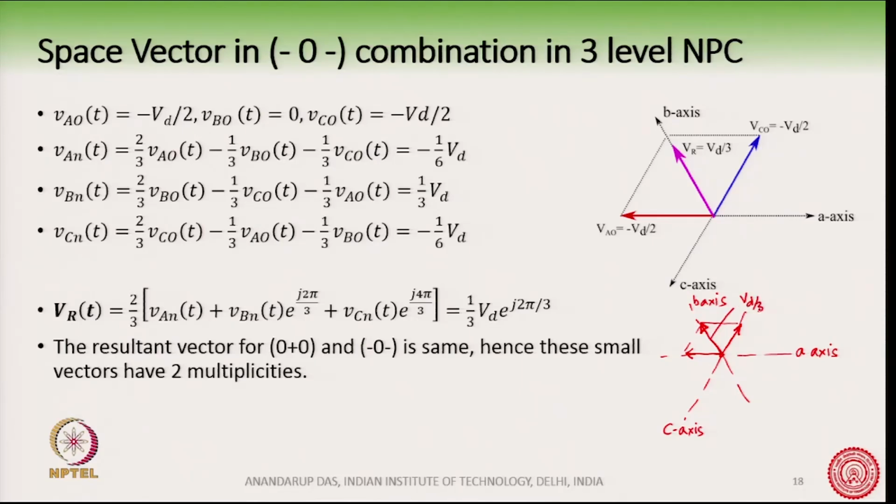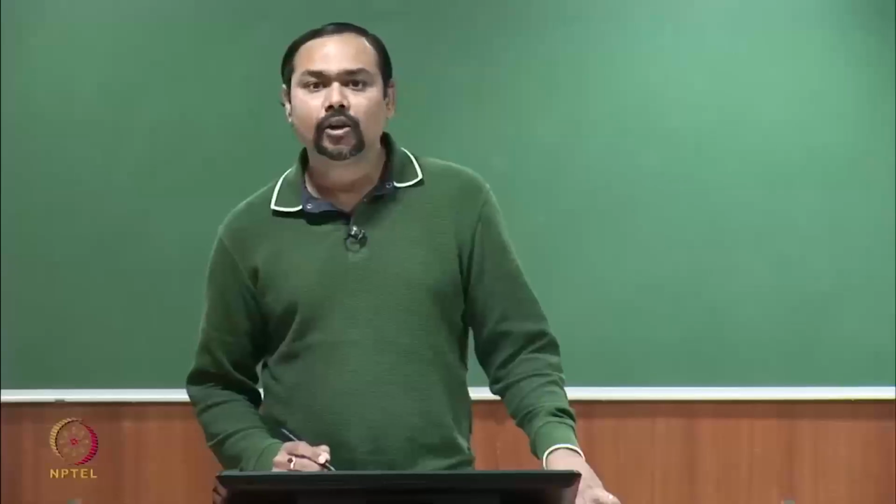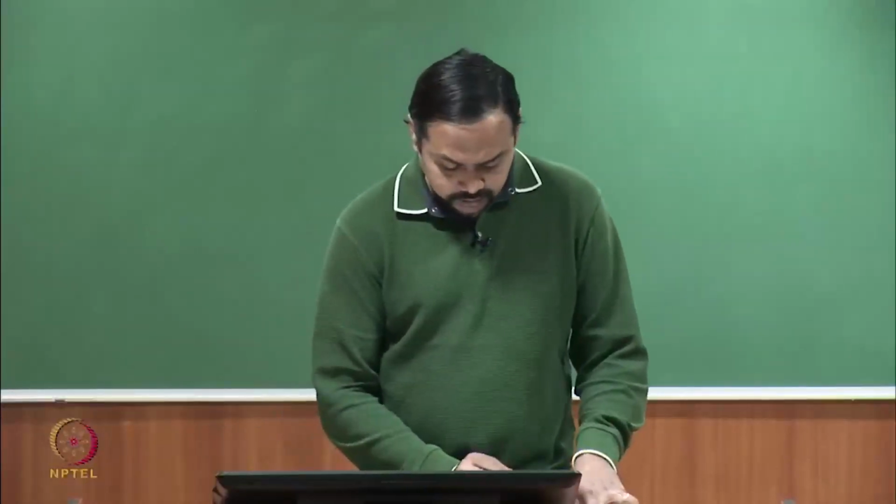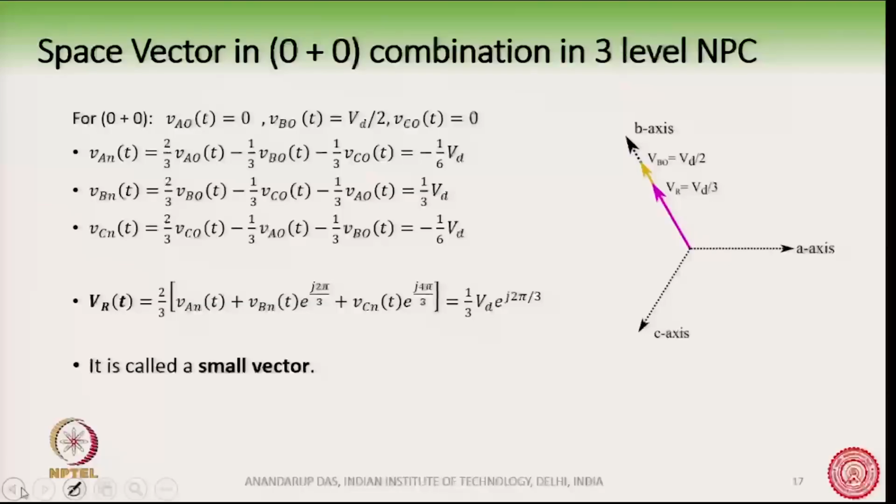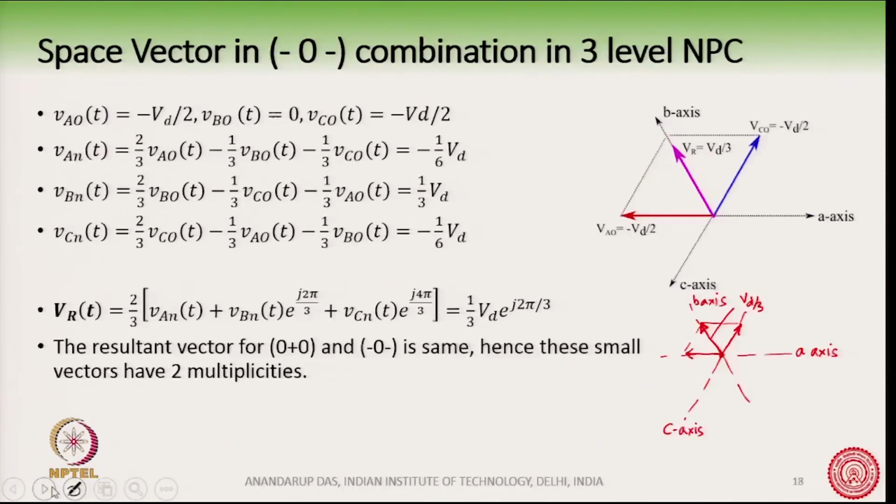So, without even going through the detailed mathematics, diagrammatically the resultant can be easily obtained. You can also do the same thing for the previous combination, 0 plus 0. So, this was for the minus 0 minus combination. How will it look for the 0 plus 0?